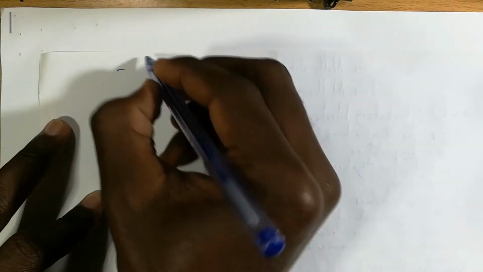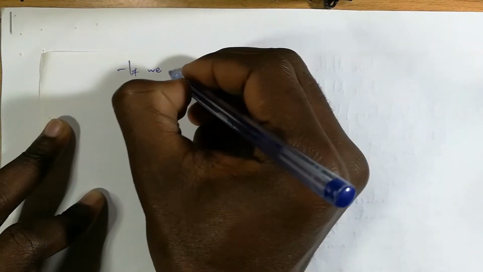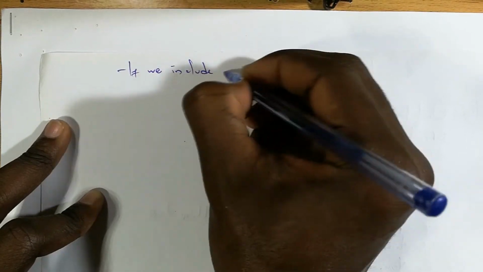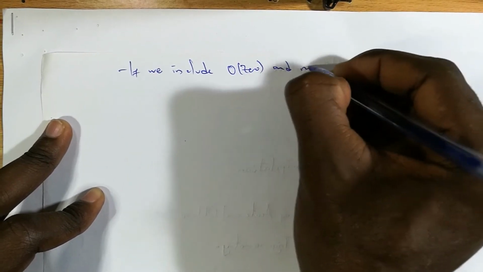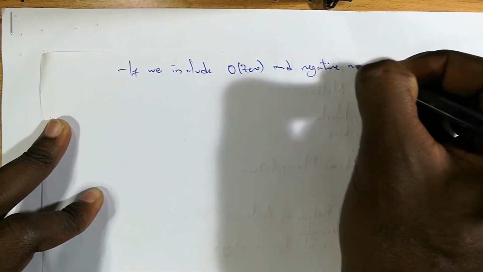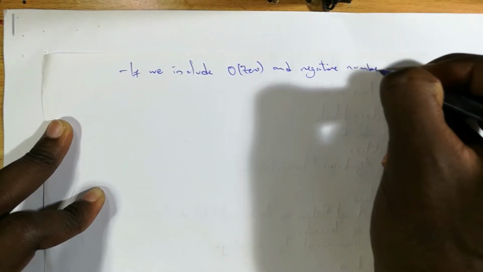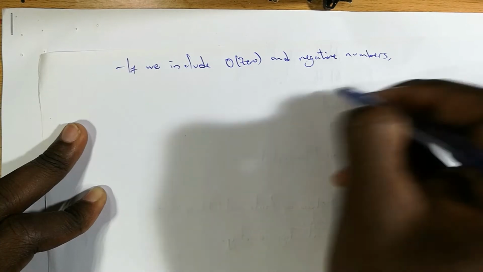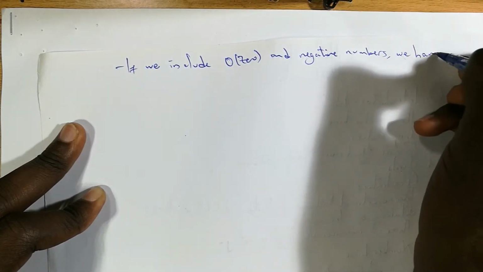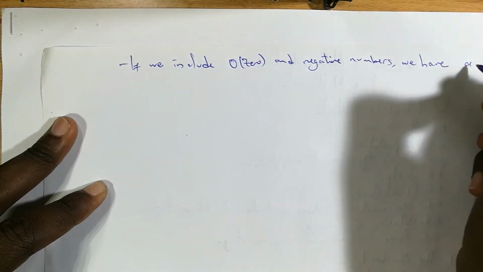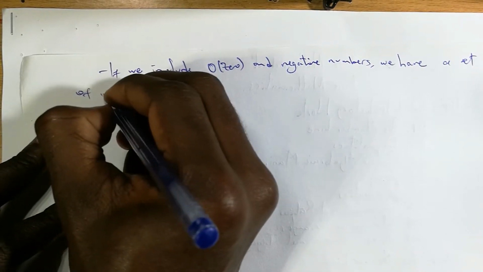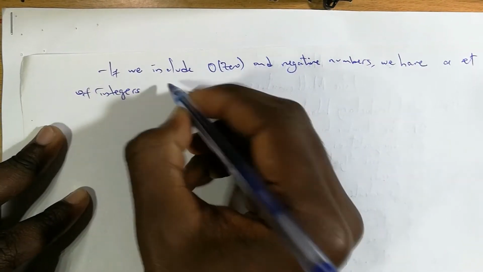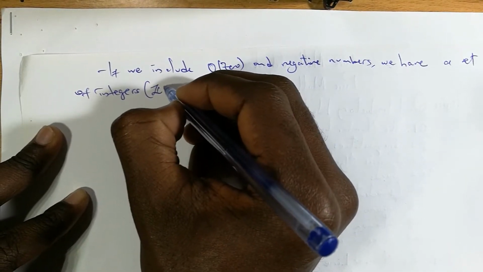If we include 0 and negative numbers, we have a set of integers, that's Z.